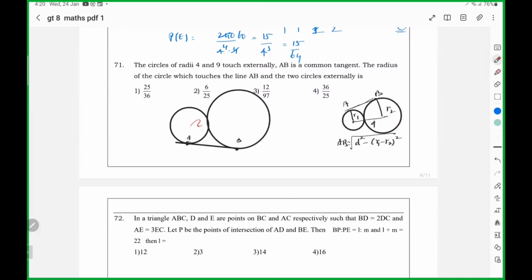Here this circle radius is R1, this circle radius is R2, and here you have a small circle whose radius you have to find out.